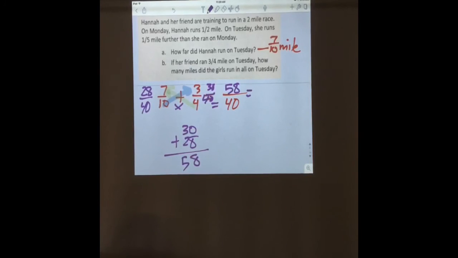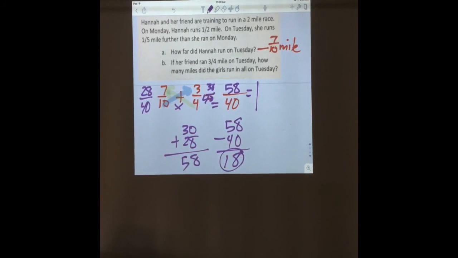Does anybody know what our mixed number is? Go. 1 whole, because what he did in his brain is he said, hey, I'm going to just take 40 off of this, right? And that left me with 8 and a 1.